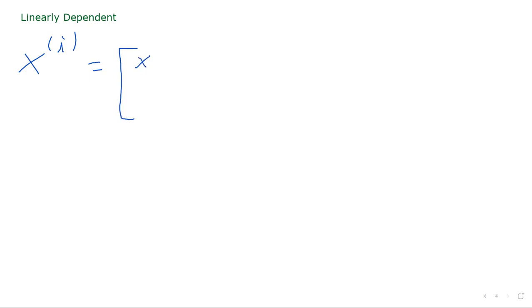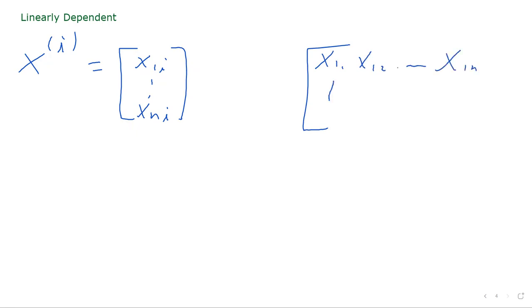So this will be x, 1, i, all the way down to x, n, i, in our overall matrix of x11, x12, x1n. We're picking out one of these columns, and it's going to be the ith one.